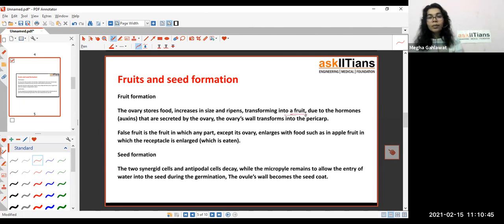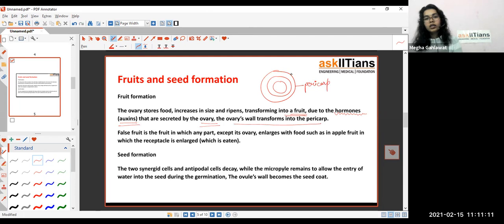But on the other hand, all of this happens with the help of different hormones. Now, do not get confused, even the plants secrete hormones. We have the auxins, which are secreted by the ovary, and the ovary's wall transforms into the pericarp. Now, the fruit has multiple layers. The outer layer is called the pericarp.